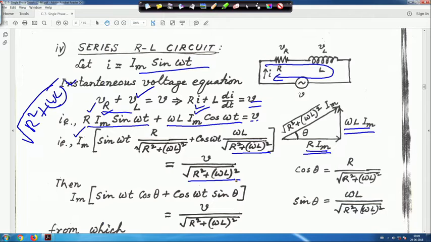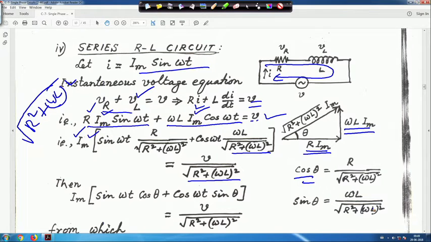Both sides of this equation you divide by root over R square plus omega L square, and this Im you take common. Here the angle is theta. So cos theta is equal to R upon root over R square plus omega L square, and sin theta is equal to omega L by root over R square plus omega L square.